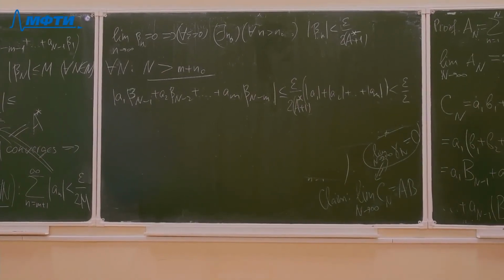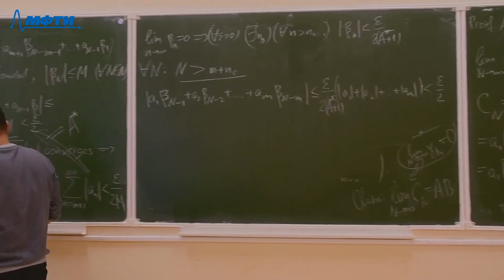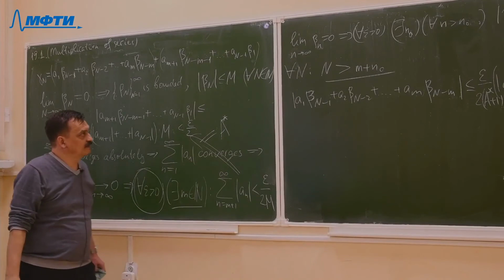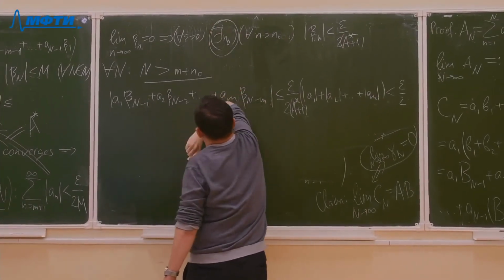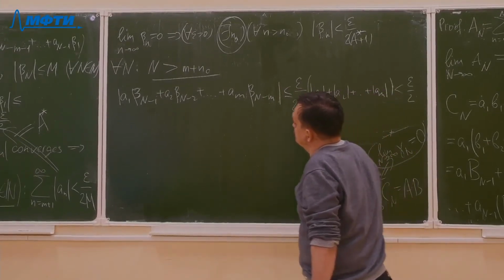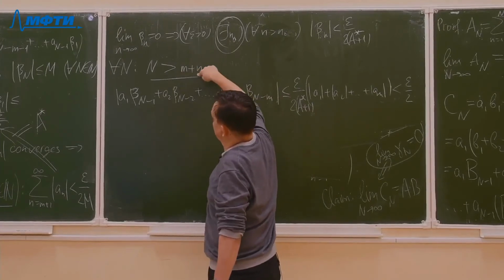So you see, look, now for arbitrary epsilon greater than 0, there exists n naught such that, in fact, there exists even n naught plus m.